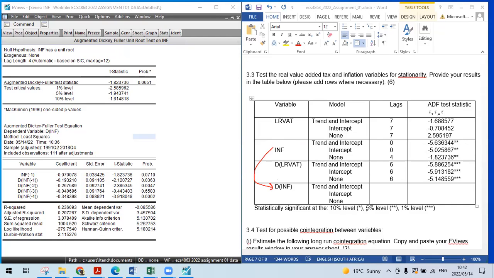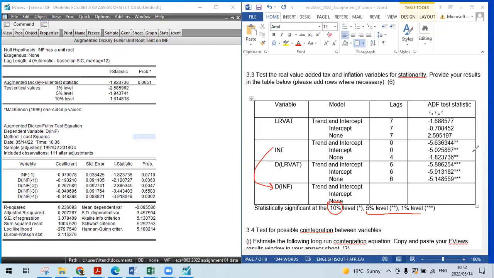We would rather use 5% and 1%. This is what we want. With the 10%, there could be a need for us to move to the next level. Are we together? To difference it once or twice.